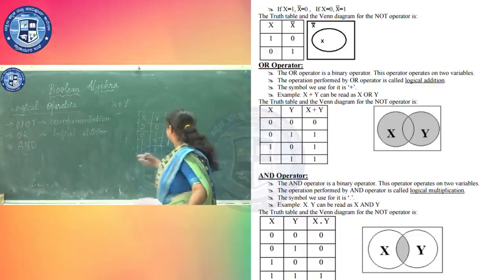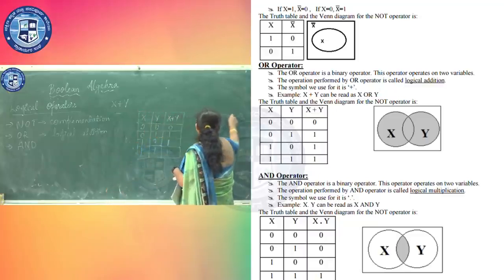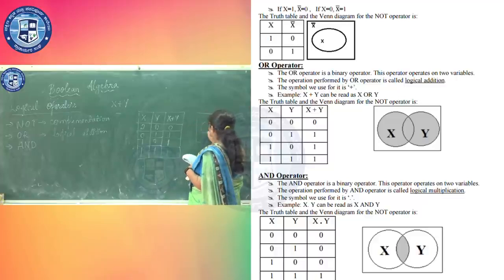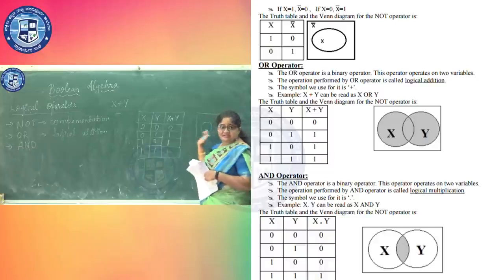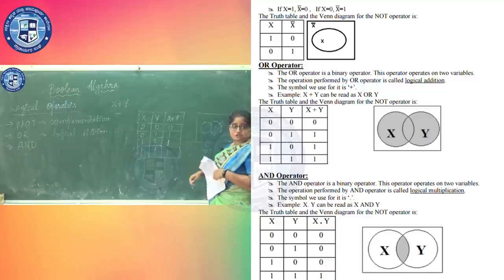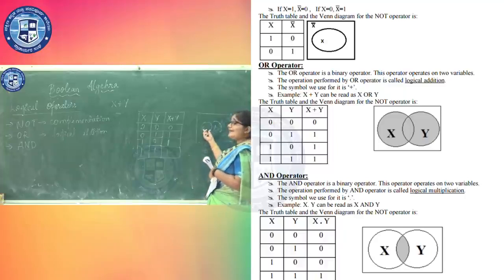Next, look at the notes over there. There we have the Venn diagram for it. There we had only one variable, so I had taken only one circle. Here we have 2, because this is the value x and this is the value y. So OR means what? Anything which is there in x, or if it is in y.